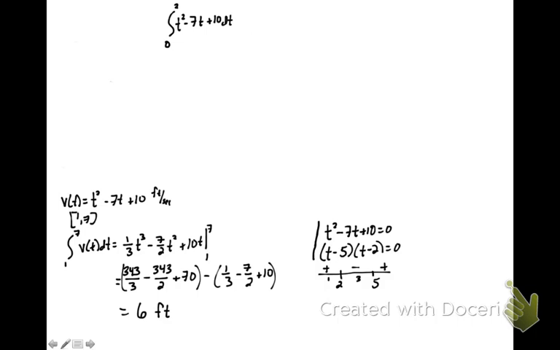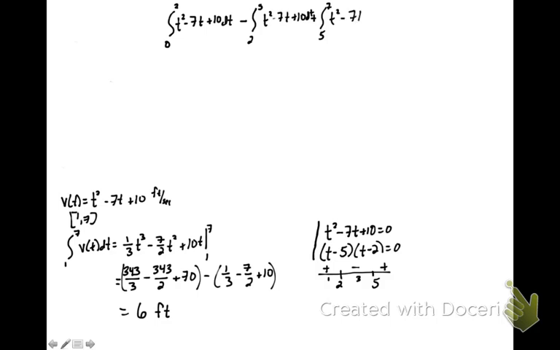Now I need to subtract my integral from 2 to 5 of the exact same thing, t squared minus 7t plus 10. And finally, I need to add the integral from 5 to 7 of the exact same thing.